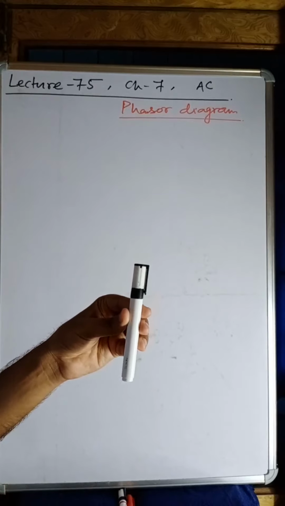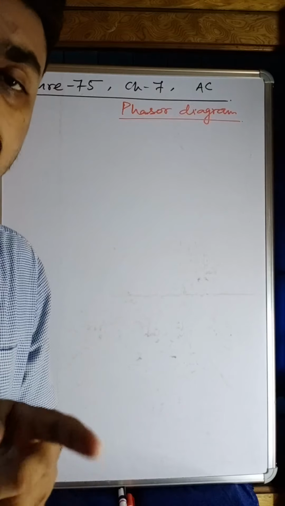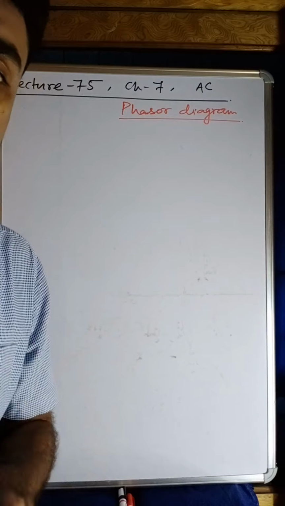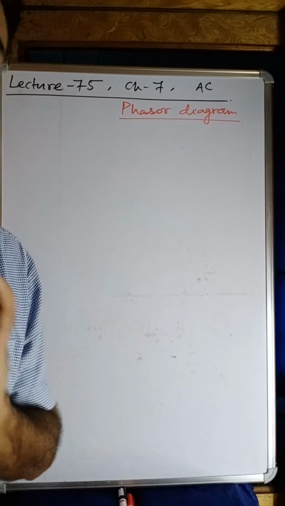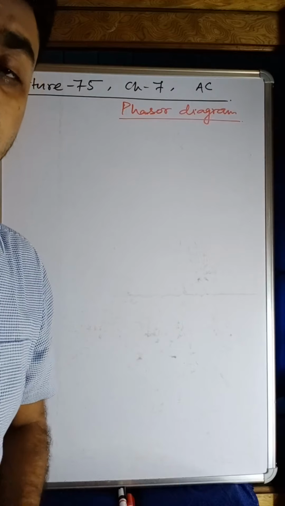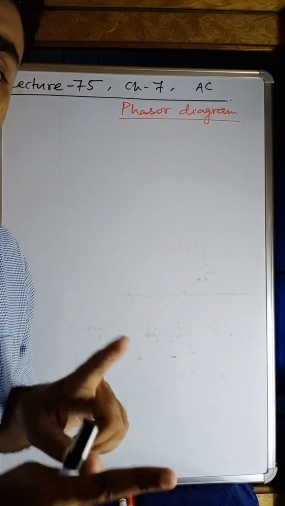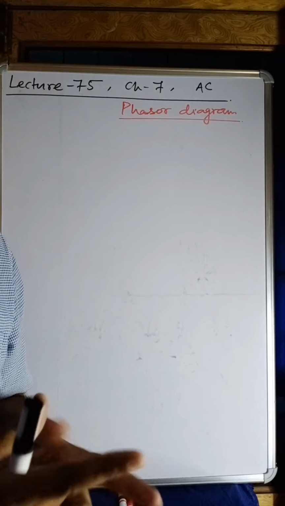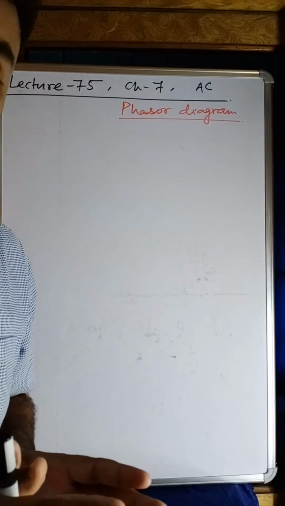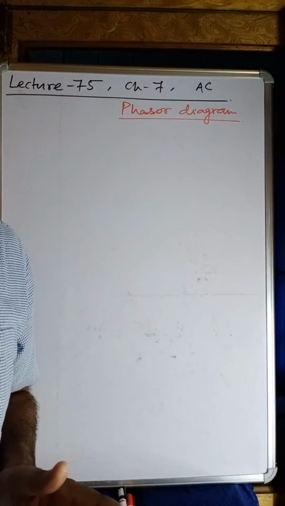Don't be confused with the phase, my dear students, because we studied phase in standard 11th already. If the phase of current and voltage differs by some amount, then the quantities also change.